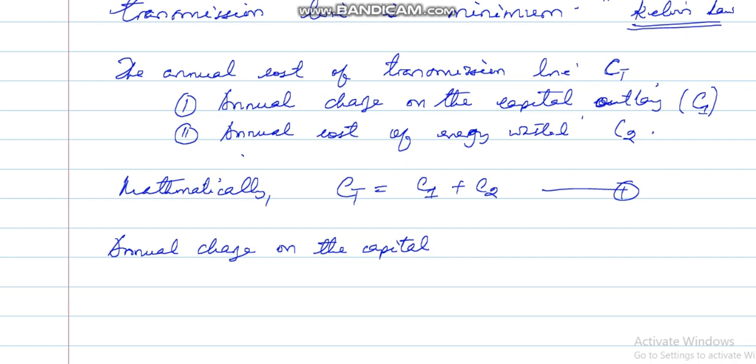Sawa, annual charge on the capital outlay ni nini? Sasa ukiwa unajenga transmission line, lazima ununue conductor, utanunua supports, utanunua zile materials zote ambazo ziko associated na transmission line. Kwa hiyo kuna some amount of capital itakuwa invested katika kujenga transmission line.